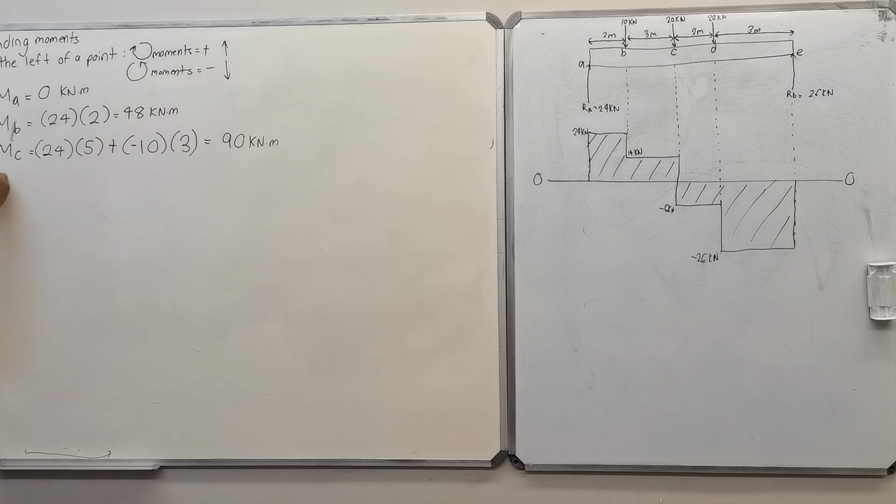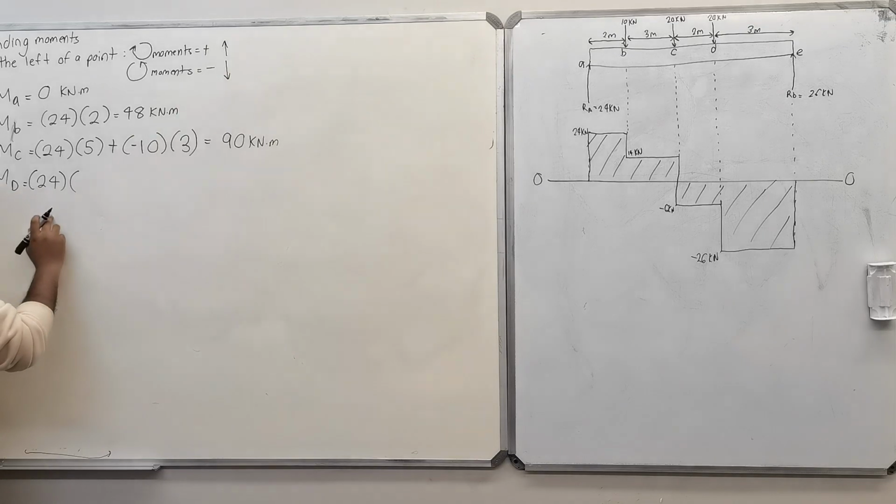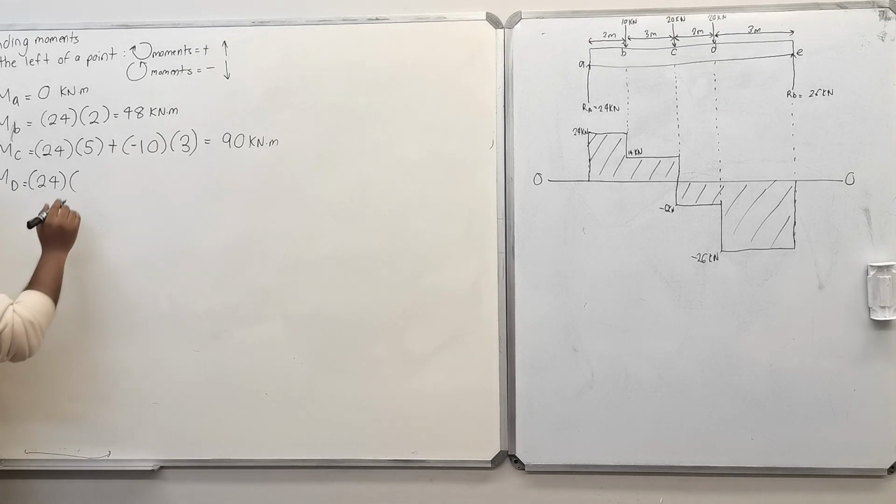Now let's move on to bending moments of D. Where D is, how many forces act to the left of it? 3. 1 up, 2 down. So, positive 24 because up is positive. How far away is that RA from D? 7.